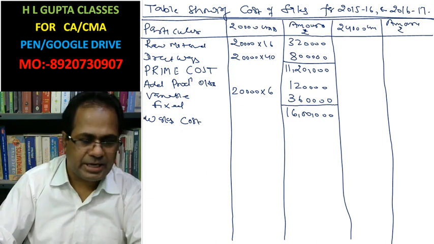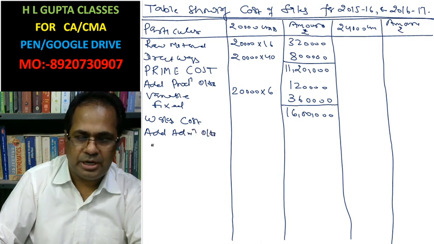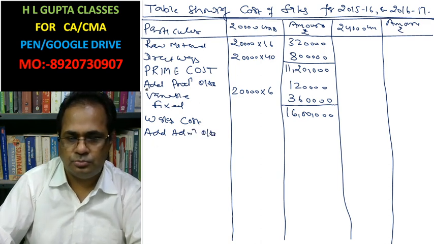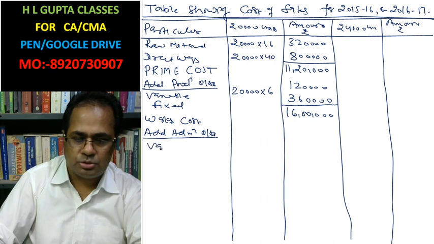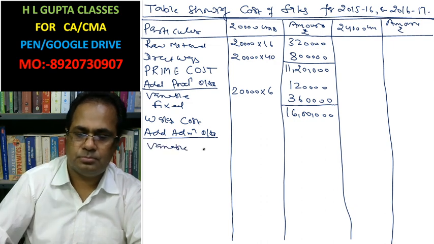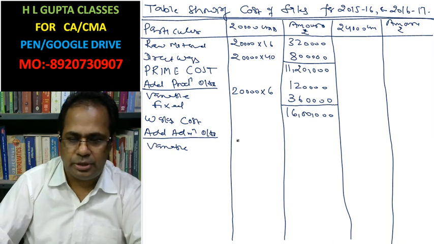Now administrative overhead. This is your administrative overhead. Here also variable. Administrative overhead is variable, 20,000 at the rate of 2. This is the 40,000.